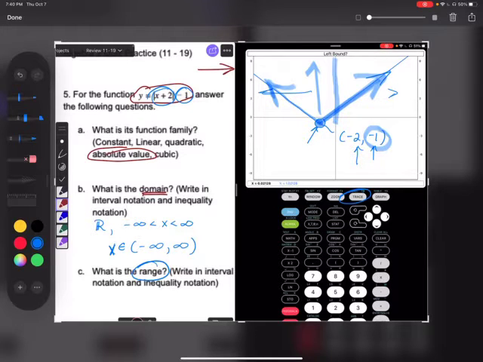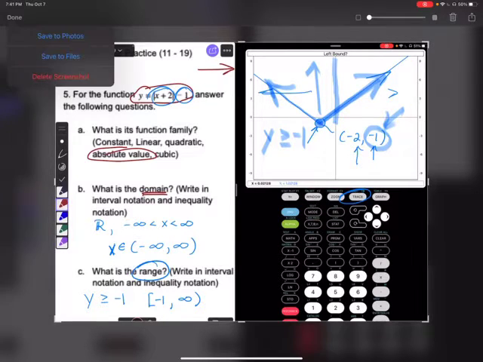It just is going up all the time. So we're just going to say, well, y is greater than or equal to -1, that lowest y value. So we'll write y is greater than or equal to -1, or if we did interval notation, it would be from -1 to infinity, like so, to describe the y values.